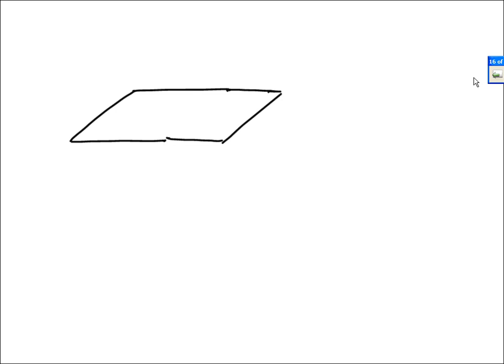Okay. So this is 3, 5, and this is 7, 5, and this is 4, 6. So this is going to be 8, 6. So the question is, what's the area?